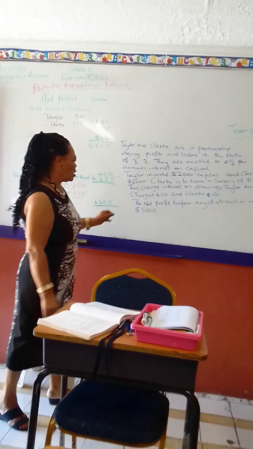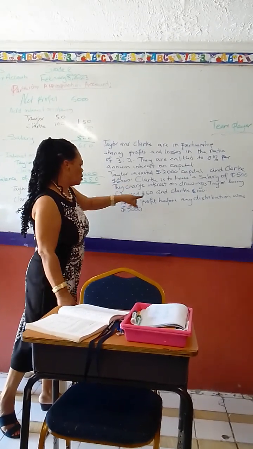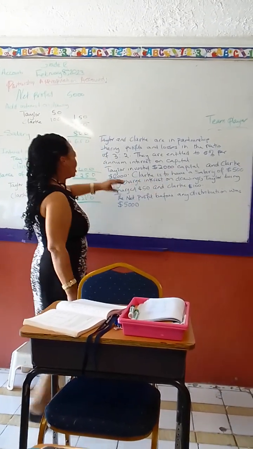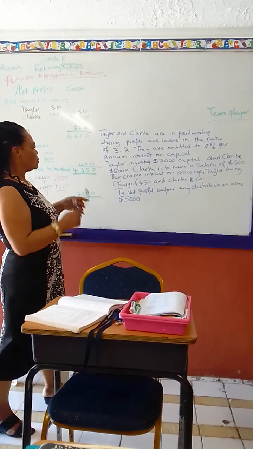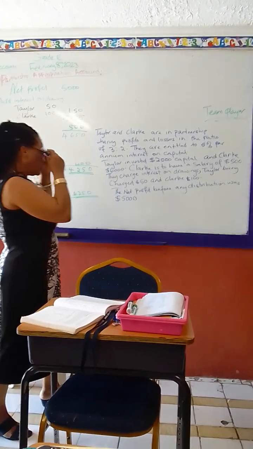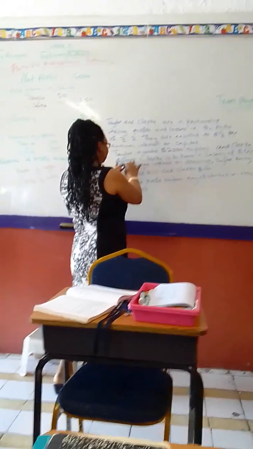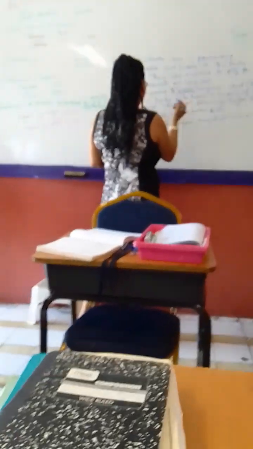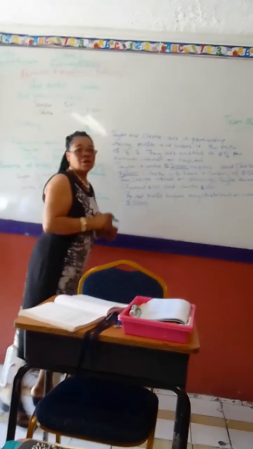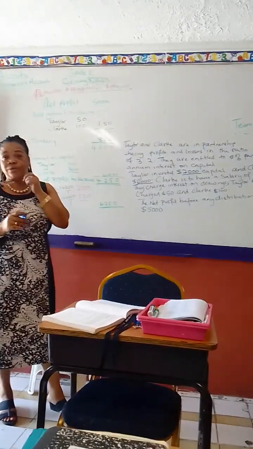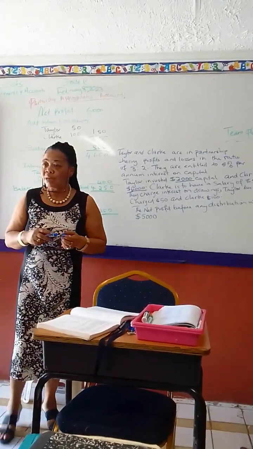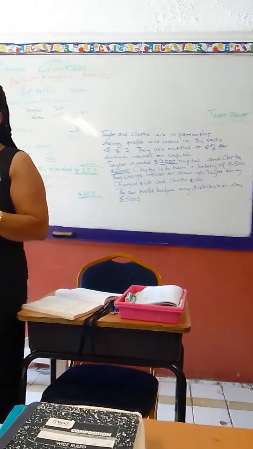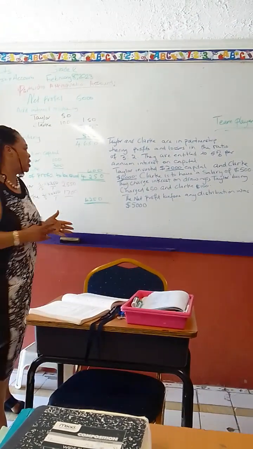Where is it? Interest on capital. Taylor invested $2,000 and Clark invested $6,000. Now they didn't work this one out for you. The interest on capital, you had to go and work out.